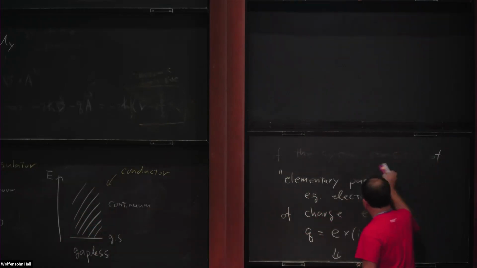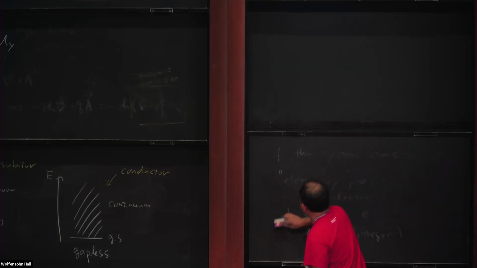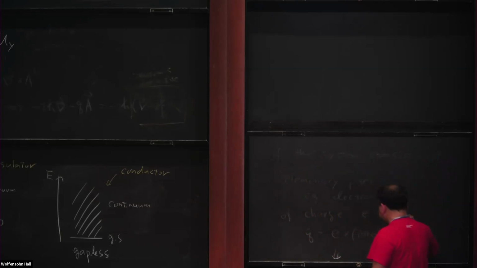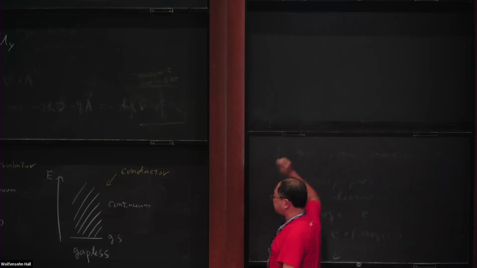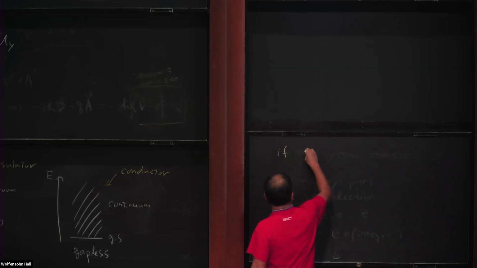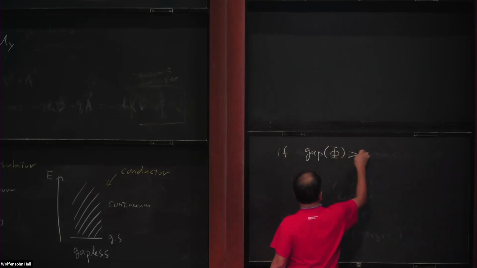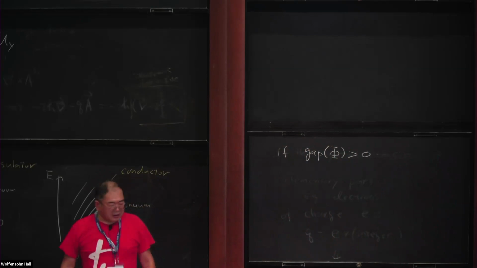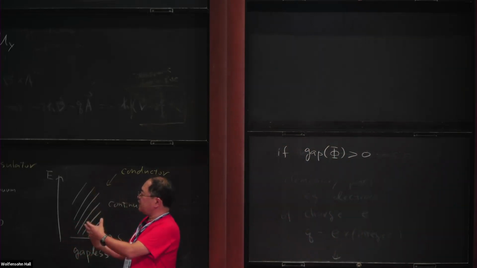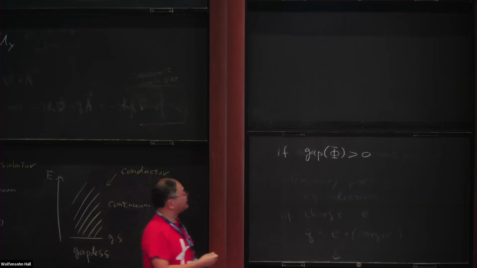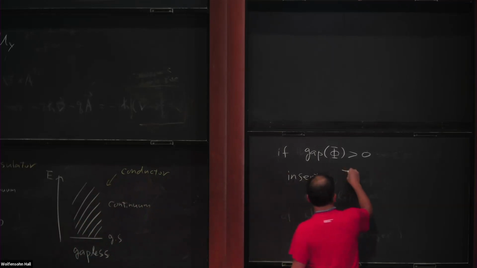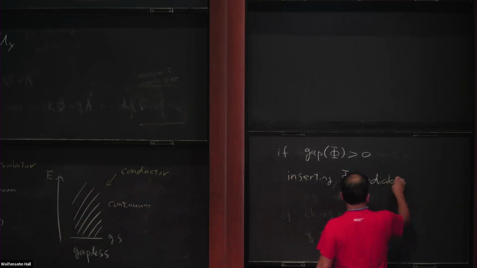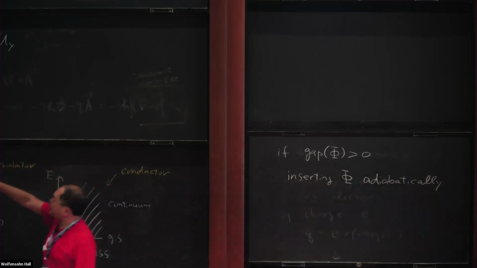Then, if we accept this assumption, and we insert this AB flux adiabatically, that is, sufficiently slowly, so we start from, let's say, the ground state at phi equals 0.